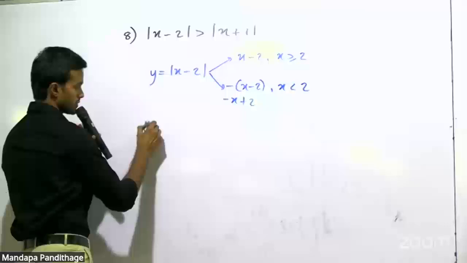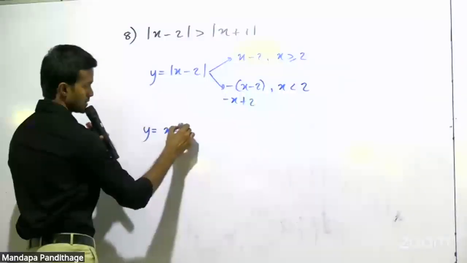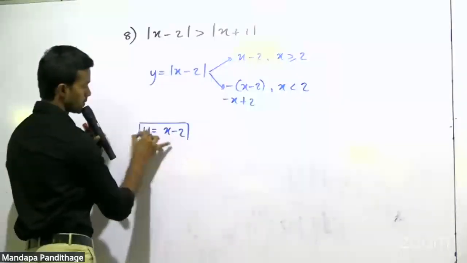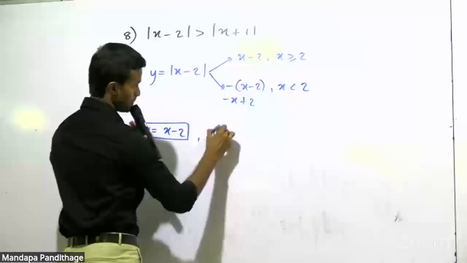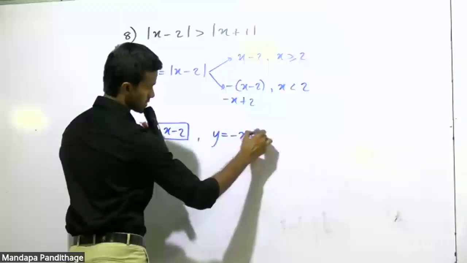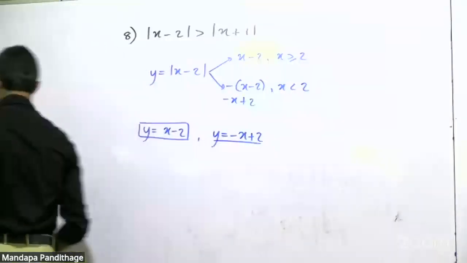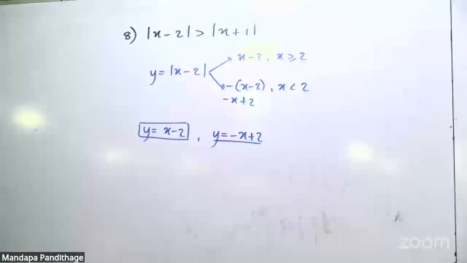So what are the two straight lines you have to sketch? It's y equals x minus 2 and y equals minus x plus 2. You're supposed to sketch these two straight lines.